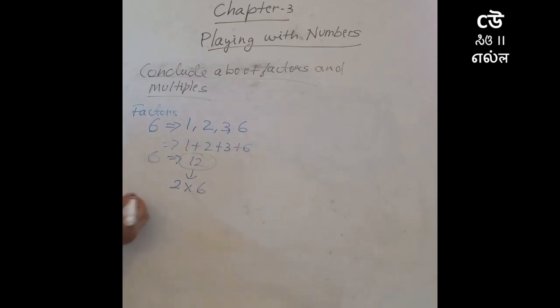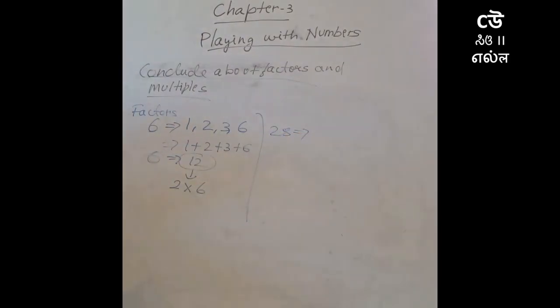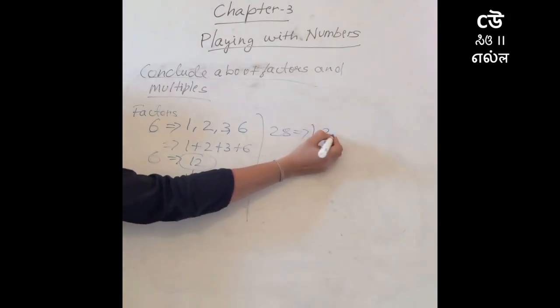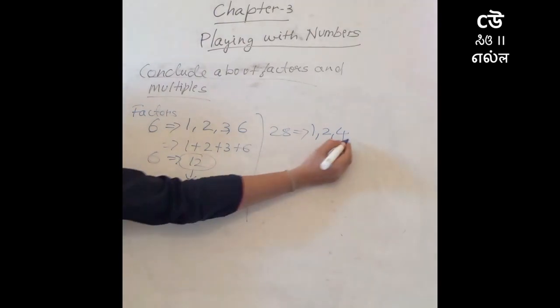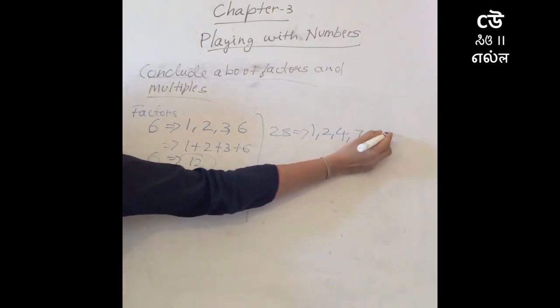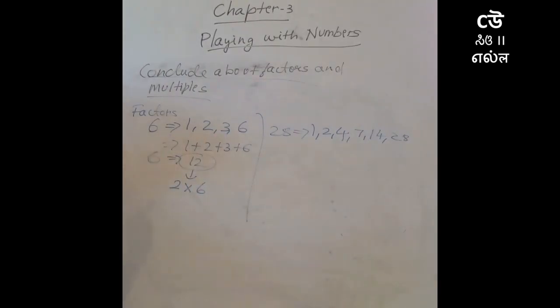So if we take one more example, that is 28. What are the factors of 28? The factors of 28 are 1, 2, 4, 7, 14, 28.